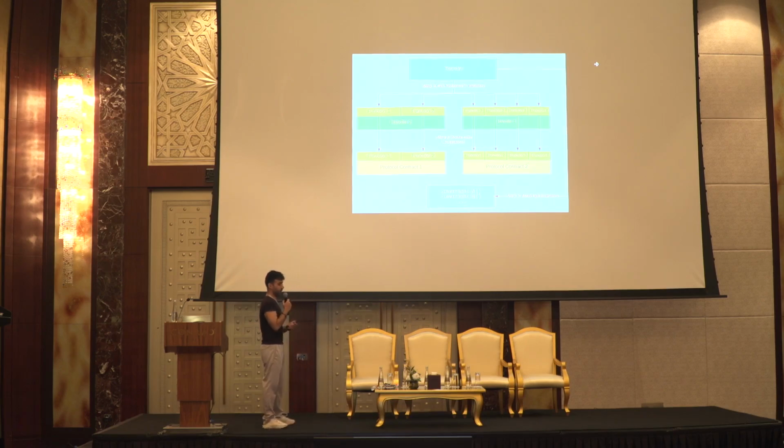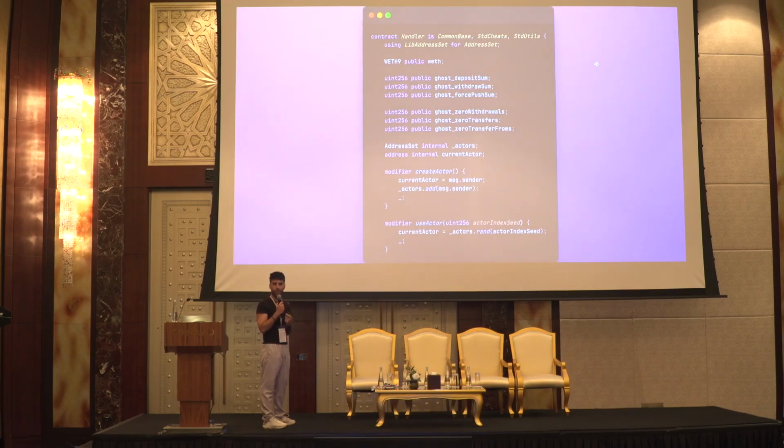What is going to happen using the handler method is that Foundry is going to call the functions from our handler, and then our handler is going to call the different contracts from our protocol. It's going to do that 1,000 times, for example, and then it's just going to check the invariant at the end.